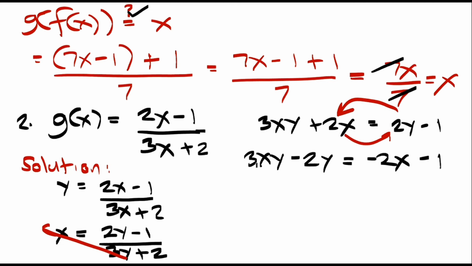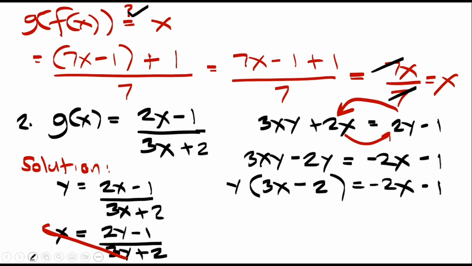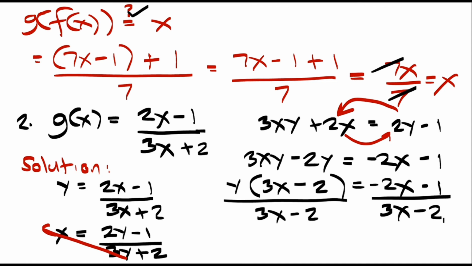So for us to solve for y here, we will be applying common monomial factoring, since y is a common factor. So we have here y times 3x minus 2 equals negative 2x minus 1. And we just divide both sides of the equation by 3x minus 2.